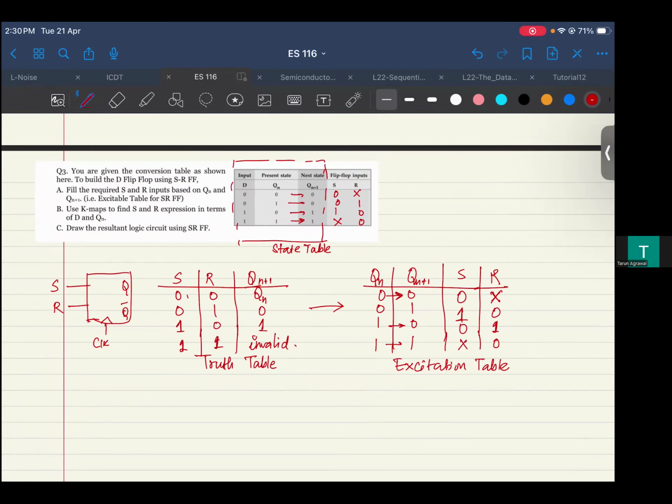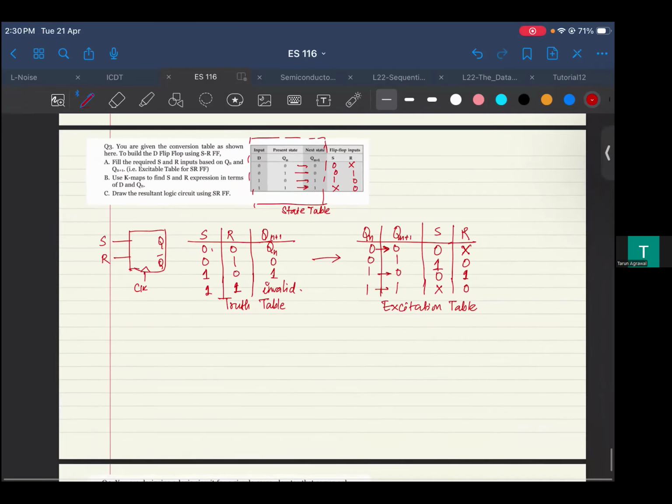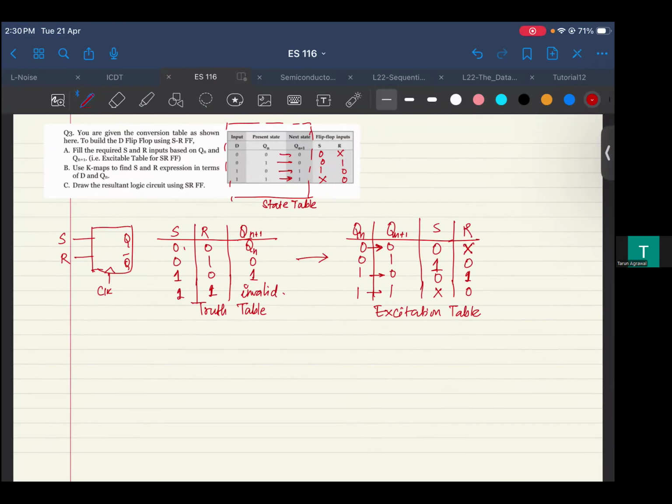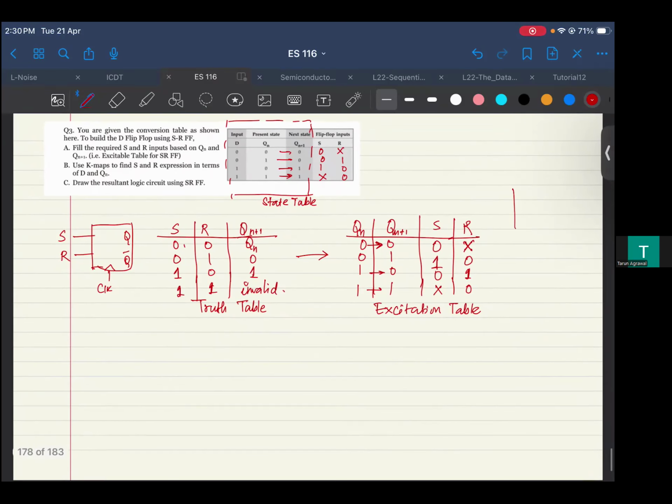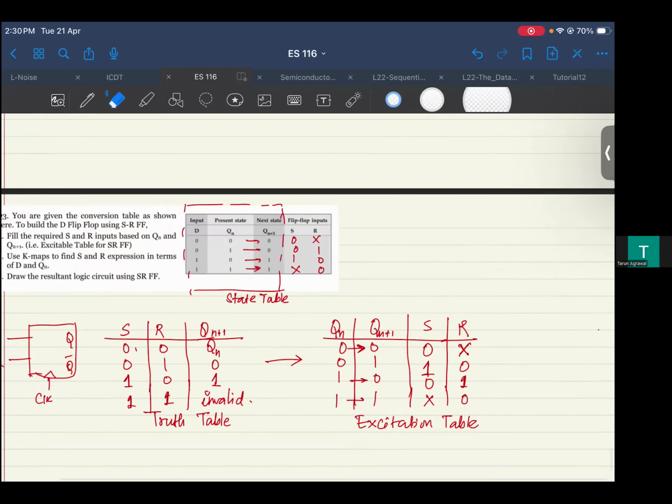So now what one would do is create this Karnaugh map. Karnaugh map means we have the table. So the Karnaugh map would be, let's say, first create the S. Let me do it here on the top because the table I have filled there.